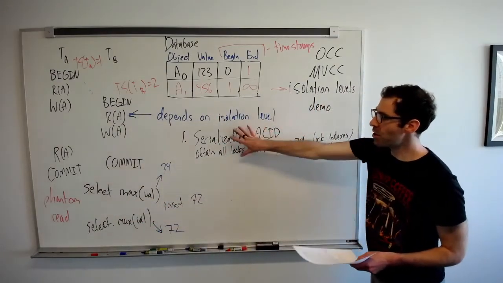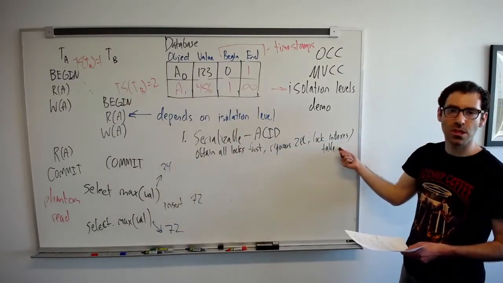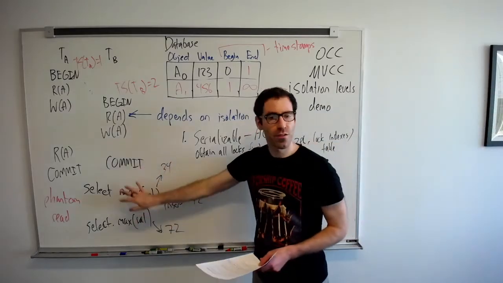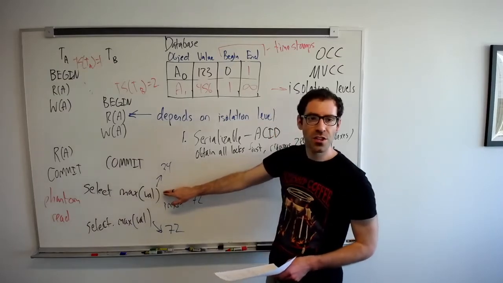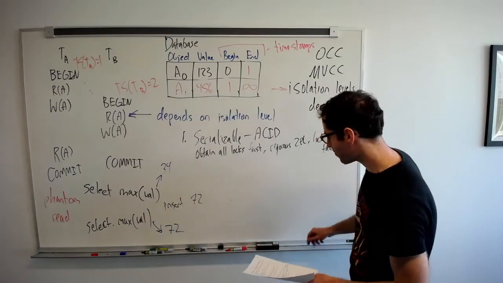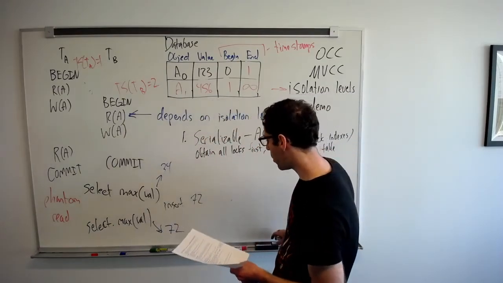So our serializable isolation level says, all right, we're going to lock tables and indexes in order to prevent this phantom read. When we're doing this, we're not going to allow these inserts to happen. So that's our serializable level.